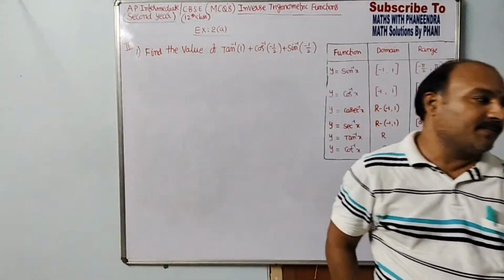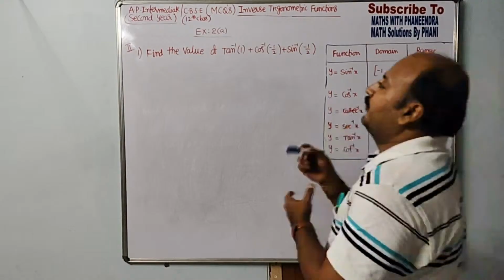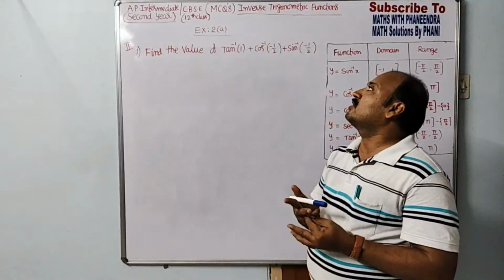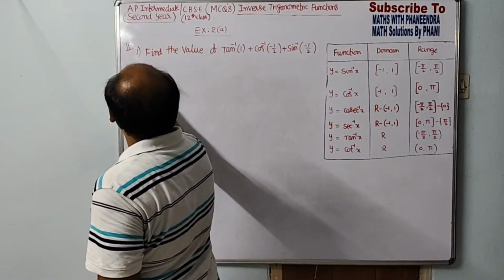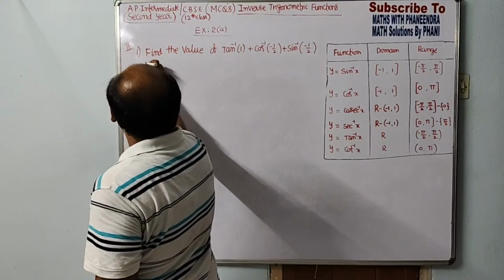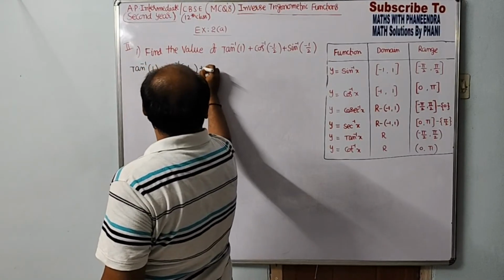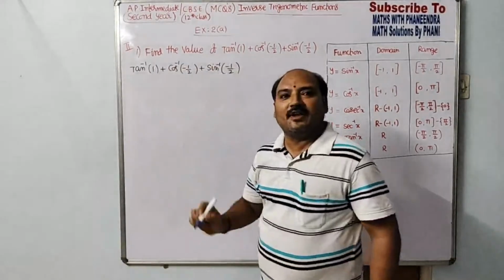So this is the question, dear students. First we have to consider tan inverse of 1 plus cos inverse of minus 1 by 2 plus sin inverse of minus 1 by 2. So one by one we have to simplify.